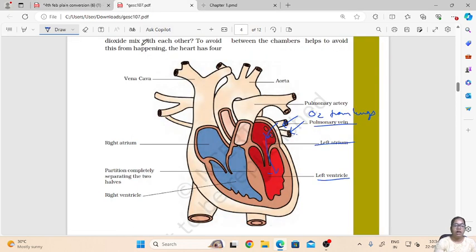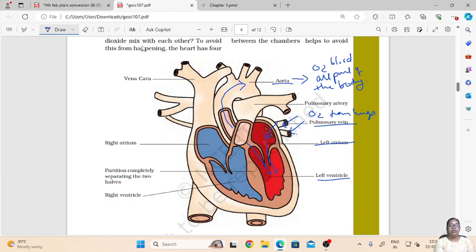So now this oxygenated blood, which from the left atrium is pumped into the left ventricle, will be transported into the aorta. And this aorta will supply this oxygenated blood to all the parts of the body.